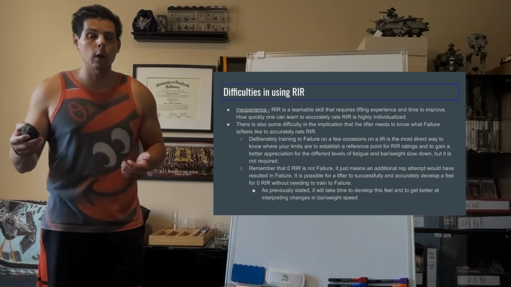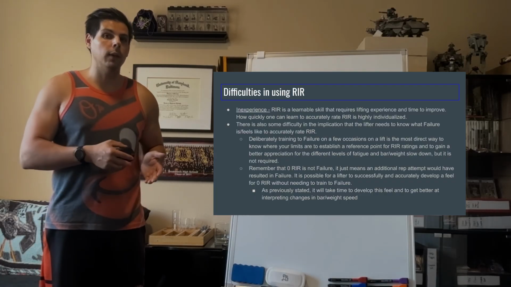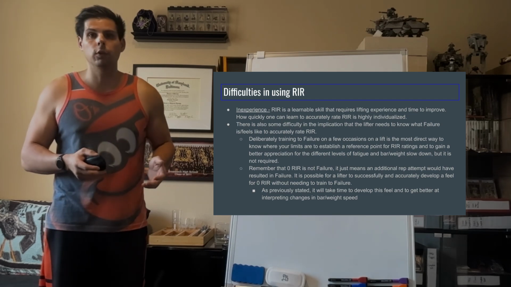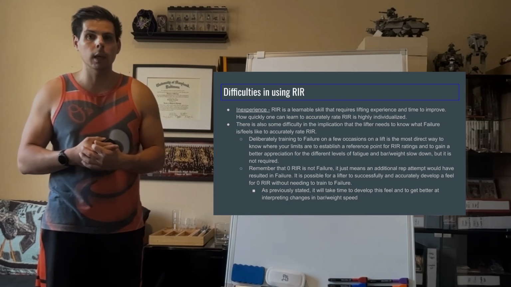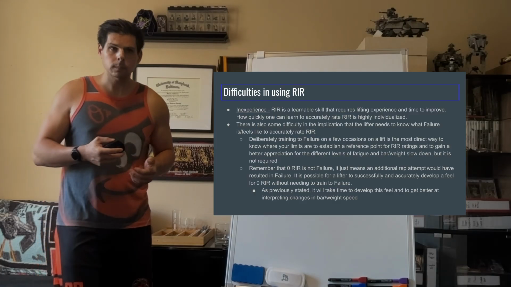So again, that's going to come with a little bit of time and learning, but you don't have to lift to failure to necessarily know exactly where it is or to know exactly what 0 or 1 RIR looks like. It is just the most direct way to go about doing it.